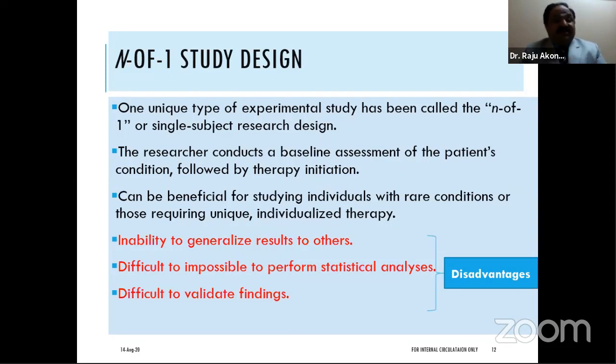Maybe you need to wait some more time to get this kind of study conducted on a larger number of people. Particularly, the larger number of people should include the Indian population as well, right? Because of the genetic differences we have between the different populations of the world, right?